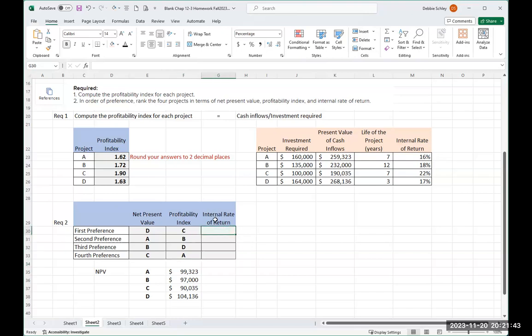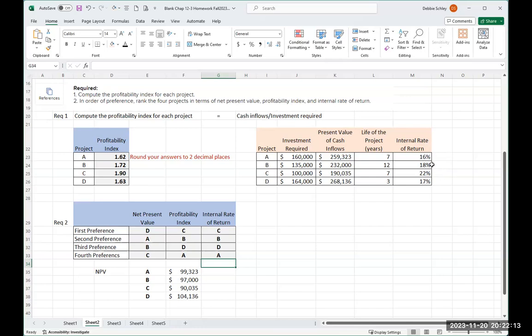Okay, and then internal rate of return, it's just this number that they gave you here. And again, highest to lowest. So mine is going to be the 22%. And then the 18%, and then the 17%, and then the 15%.